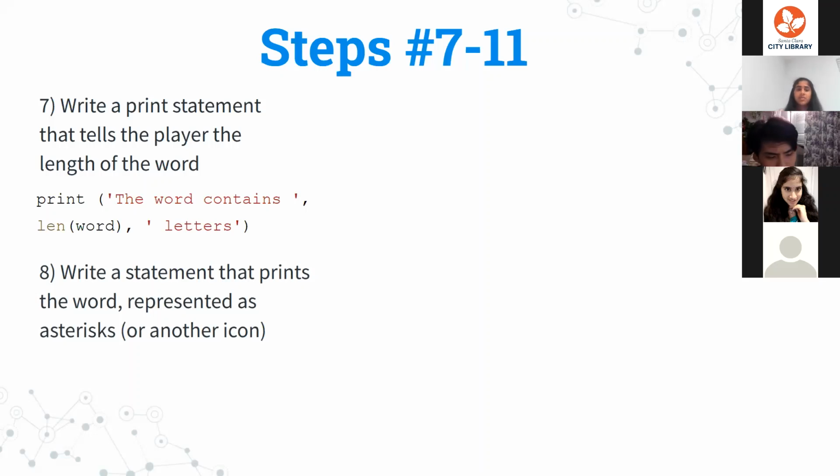For the next step, we want to write a statement that prints the word represented as asterisks or another icon. So we don't want to show the actual word. We just want to show them the asterisks so that they don't know what the actual word is, and that can be their guessing.